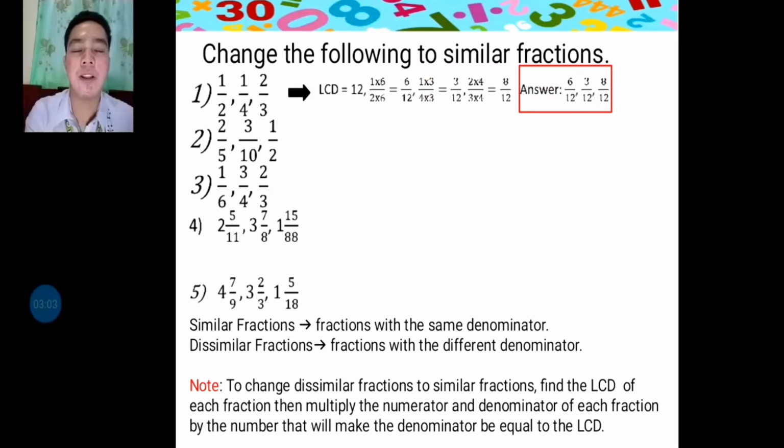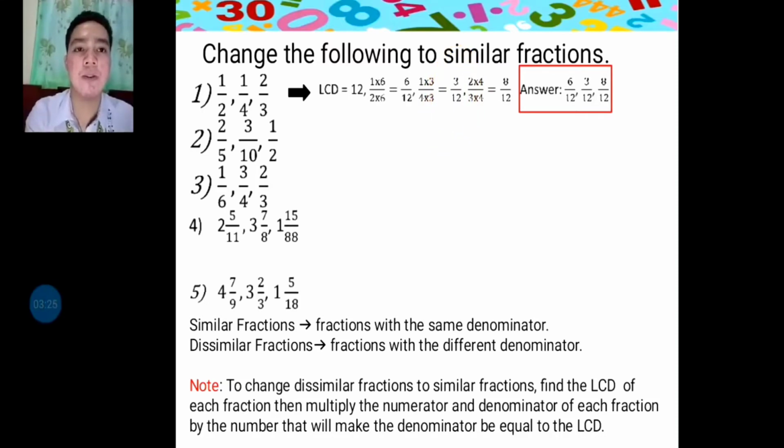Then 1/4, to make the denominator 4 equal to 12, we have to multiply the numerator and the denominator by 3. So 1 times 3 is 3, and 4 times 3 is 12. Now we have 3 over 12.